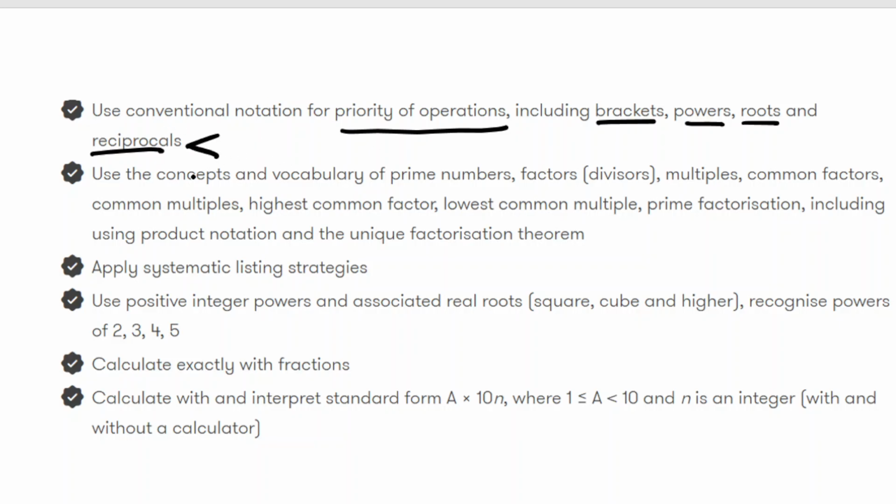Two types: multiplicative inverse and additive inverse. With the multiplicative inverse we get 1, and with the additive inverse we get 0. Use the concept and vocabulary of prime numbers, factors, divisors, multiples, common factors.